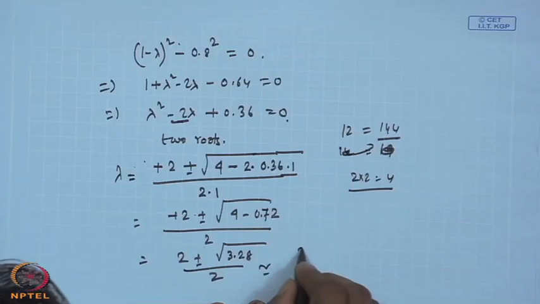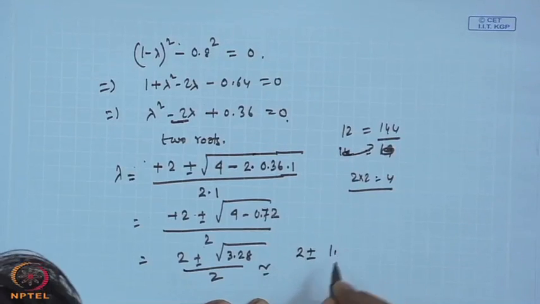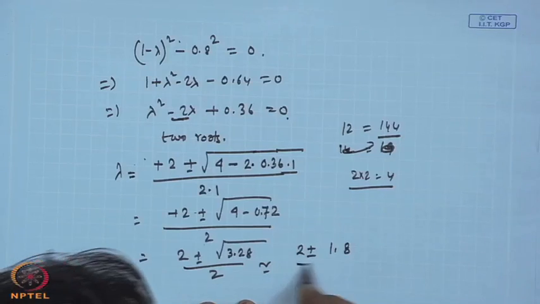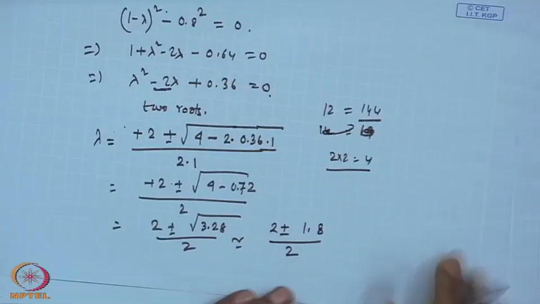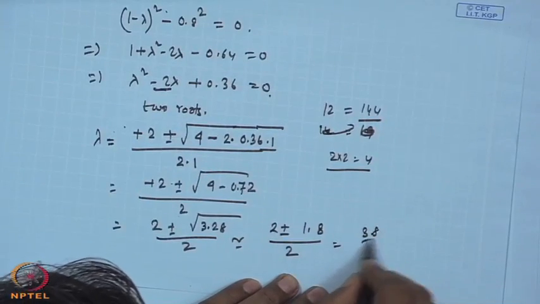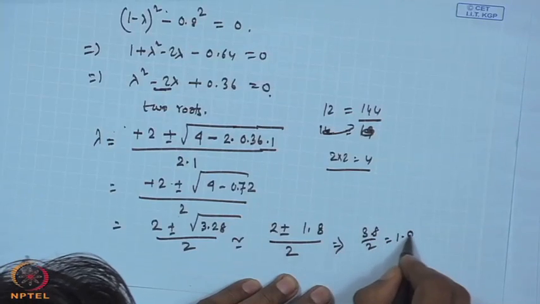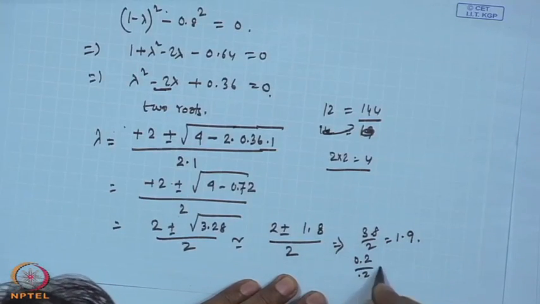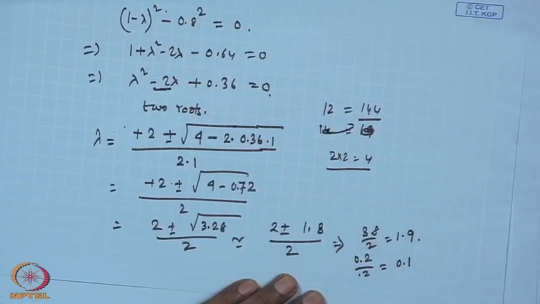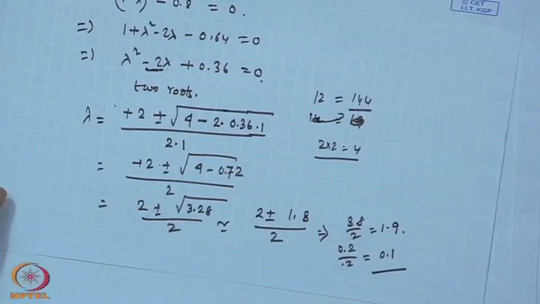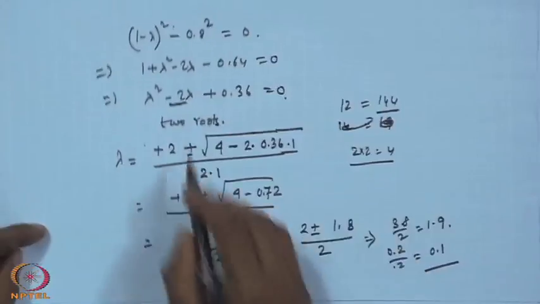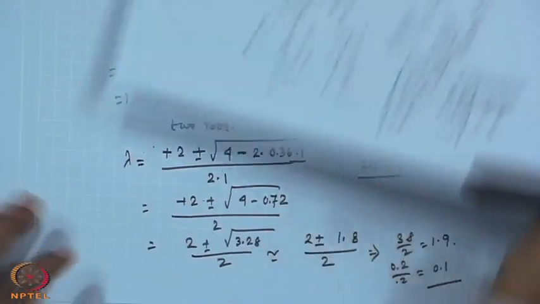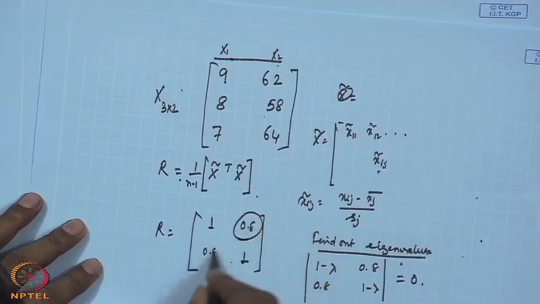For example, 2 plus minus maybe 1.8, by 2. Then 3.8 by 2 is 1.9, and the other one is 0.2 by 2, which is 0.1. So, we can say that it is a multicollinearity problem.